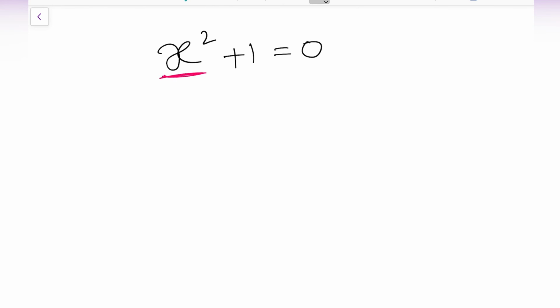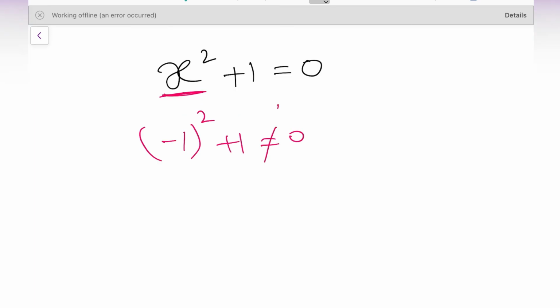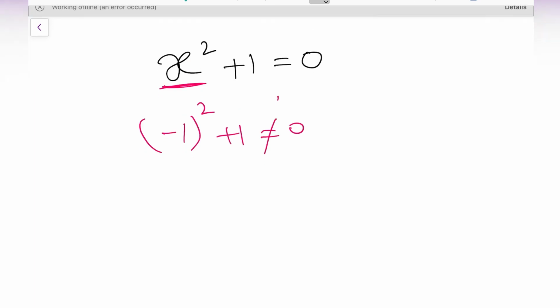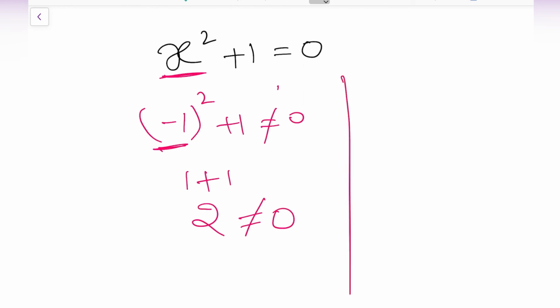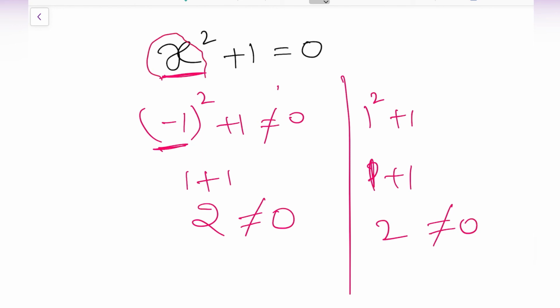If I substitute minus 1 whole square plus 1 equals 0? Obviously it is not, because minus 1 square is plus 1, plus 1 plus 1 is plus 2, and 2 is never equal to 0. Now in the place of x, I'll substitute plus 1: 1 square is 1, plus 1 is again 2, which is not equal to 0. So I can conclude now there is no x value which satisfies this equation.